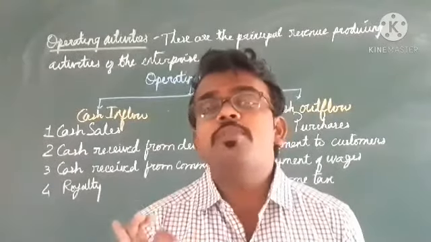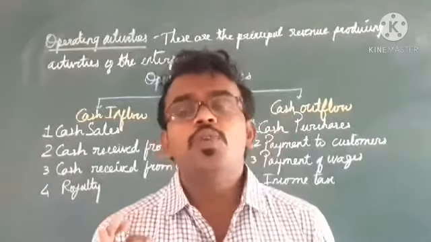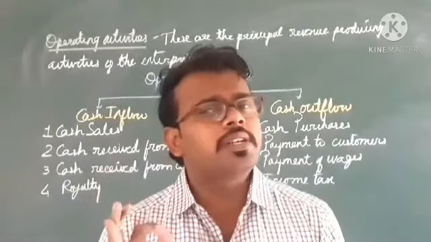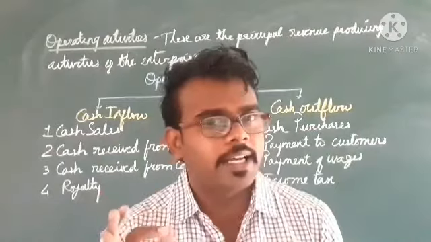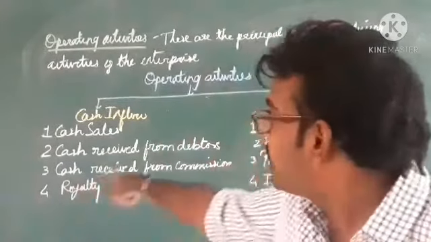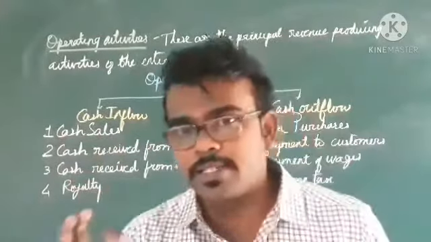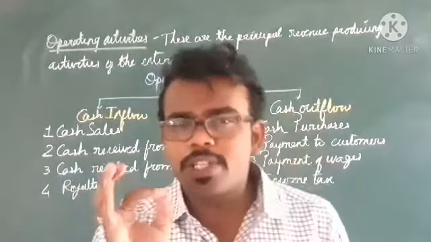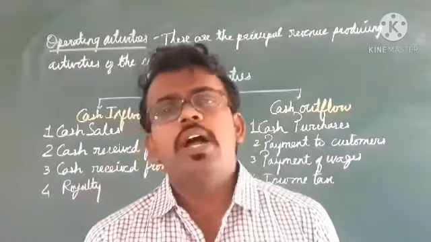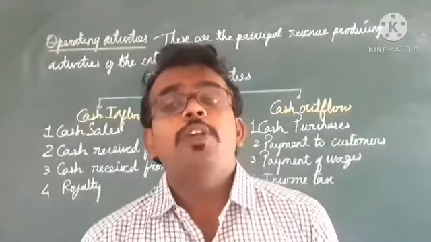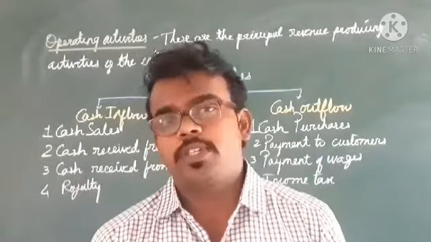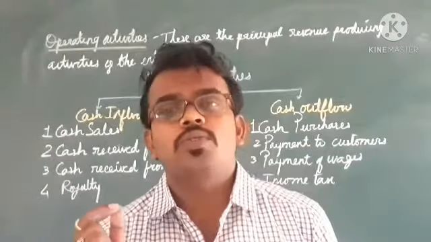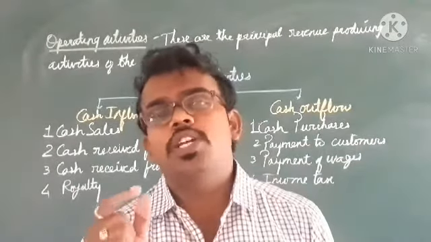The next one is cash received from debtors. Who is a debtor? Any person who has to pay you money is considered a debtor. Let me continue the same example. You have a bookstore, I am a customer. I will buy 10,000 rupees worth of books in your shop.